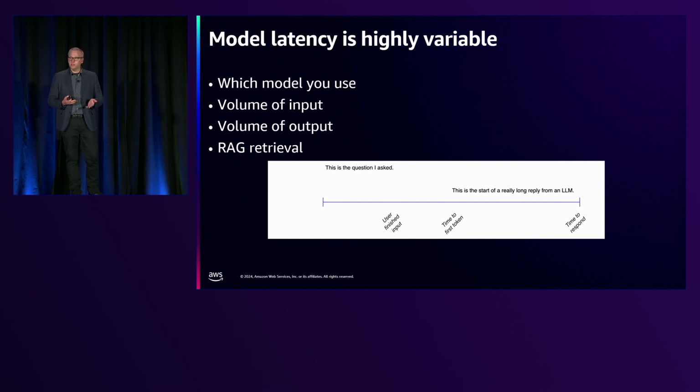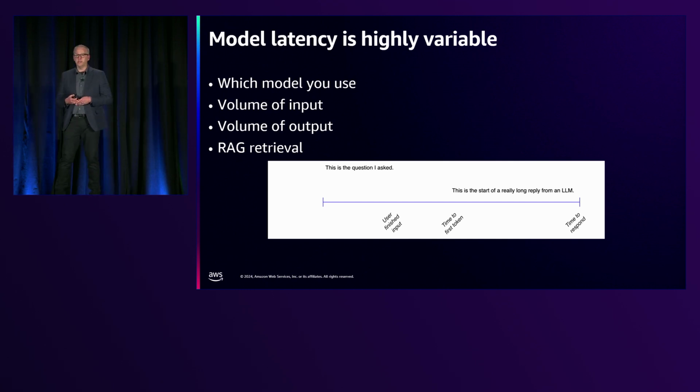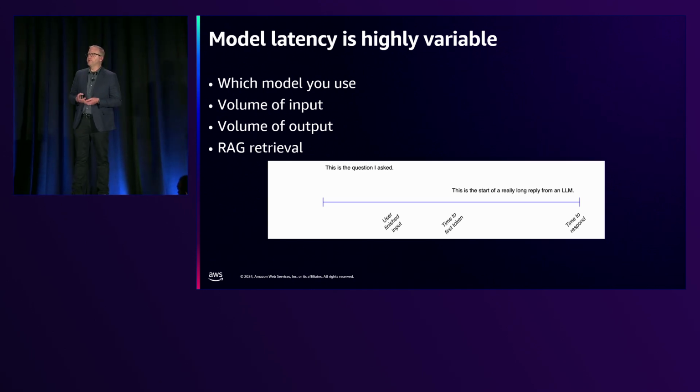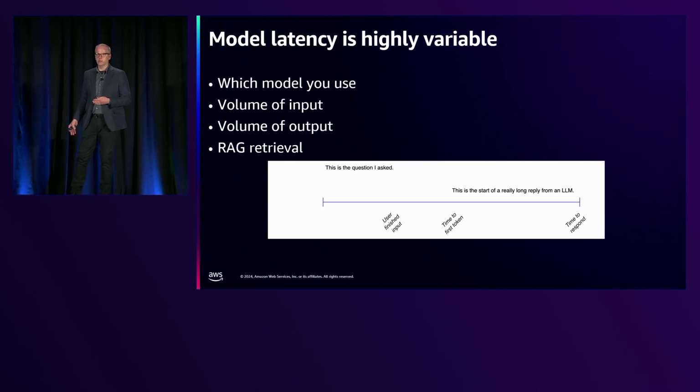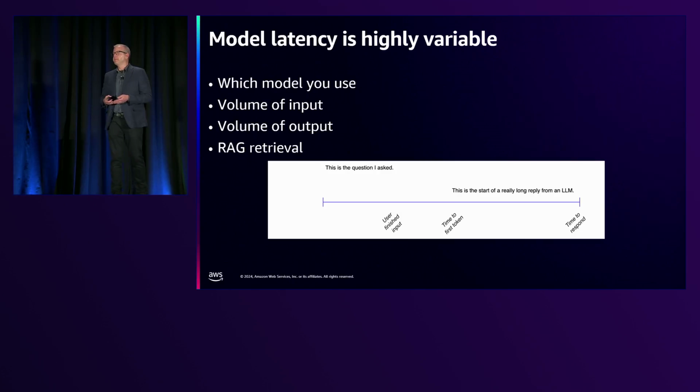There are a few things that affect model latency. One is certainly, in a multi-tenant system, if you have a lot of incoming load, then you can start seeing things slow down. Which model you use can clearly drive different latency behavior. If you look even at the Anthropic Claude family, for example, they have Haiku, Sonnet, and Opus, from smallest to largest. All other things being equal, Haiku is going to be much faster than the other two because it's a smaller model.